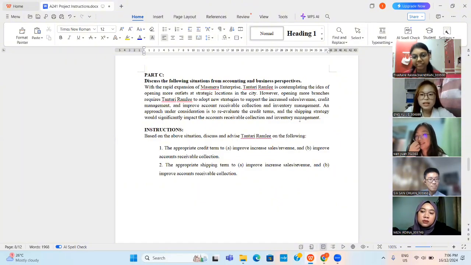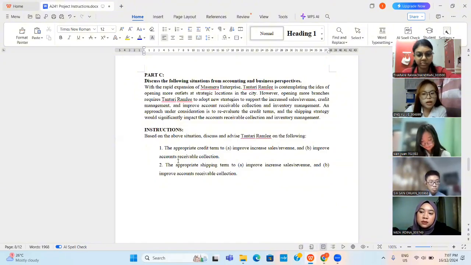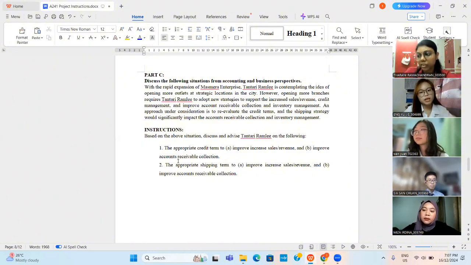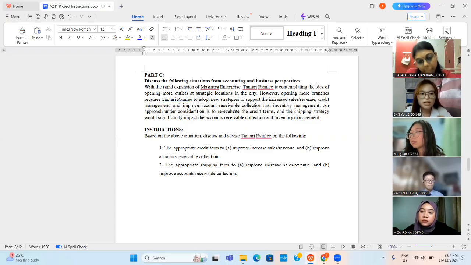Yes, we can see that Tantari Ramli would like to open more outlets, but the branch requires new strategies to support the increased sales and revenue and improve accounts receivable. I think for the credit term, we can use the cash discount because it can encourage buyers to pay before the end of the credit period. If Tantari Ramli offers a cash discount to the customer, it will help the branch in operating and also increase the branch sales.